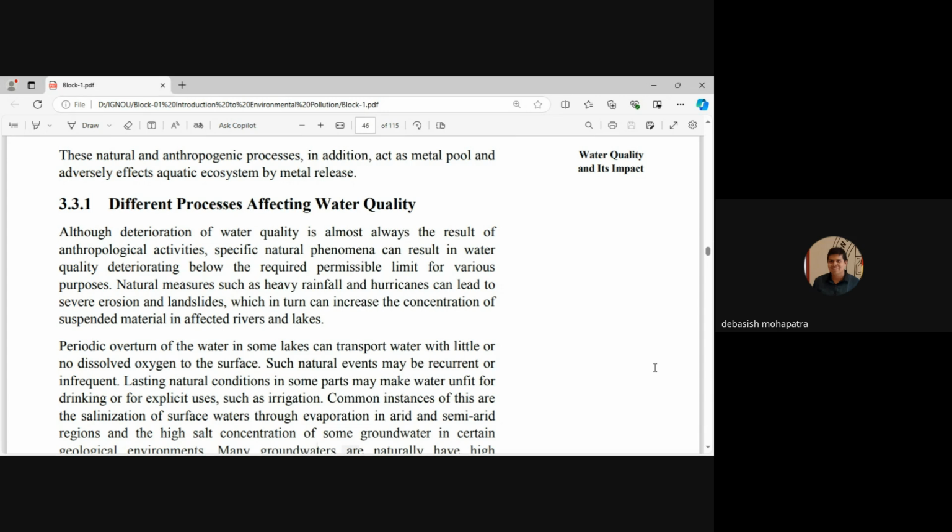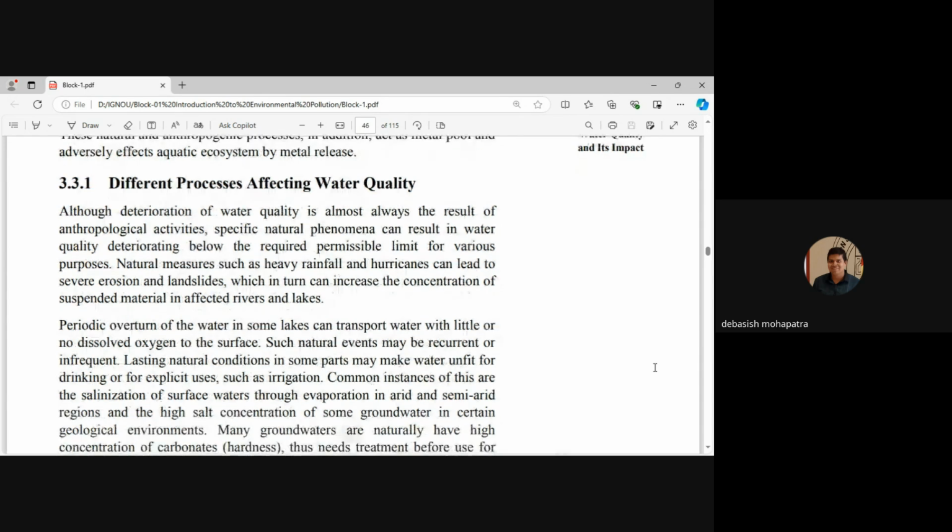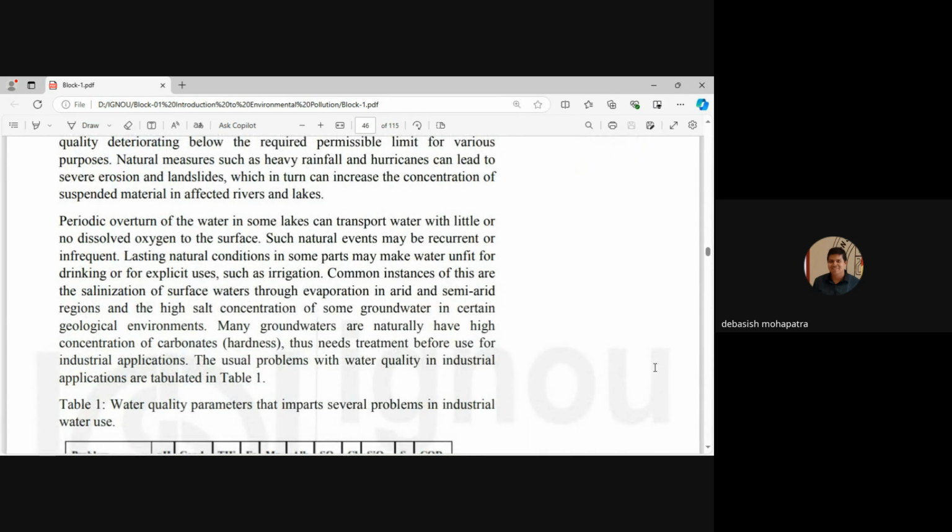Then periodic overturn of water in some lakes can transport water with little or no reserve oxygen to the surface. Such natural events can be recent or infrequent.